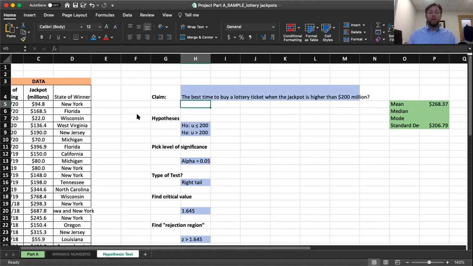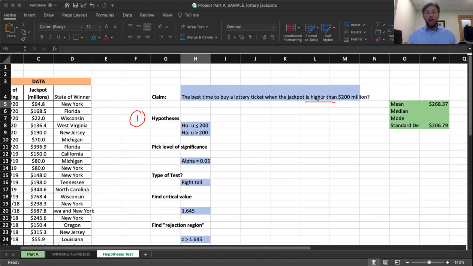And remember, the very first step is you have to create your hypotheses. Now, go back to your claim. I use the phrase is higher than. And so remember back from Unit 4, our Zoom session, we talked about how you have to translate this into hypotheses, a null and an alternative hypothesis.